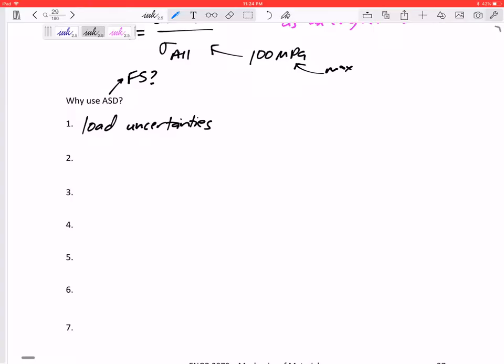What if that load that you've calculated is not accurate? You need to account for a factor of safety right there. Let's say fabrication, construction, and assembly errors.